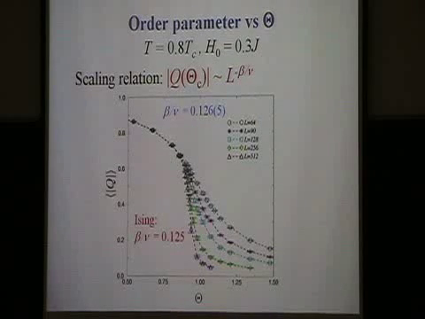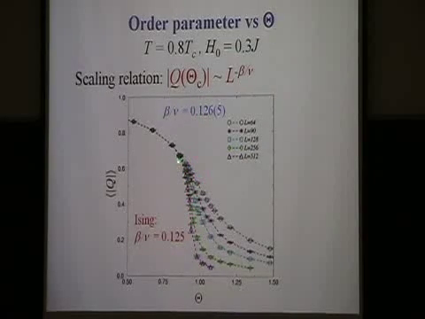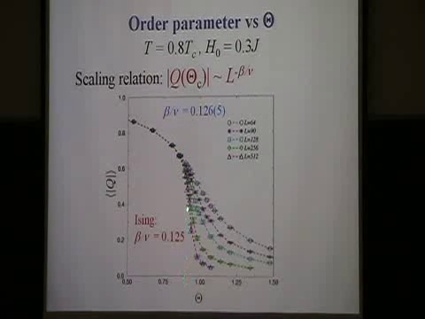Okay, another way of looking at finite size scaling is to look at the order parameter. If I go to the critical point and look here, you'll see that as I make the system larger and larger, this will come in more and more steeply, and for an infinitely large system it would come in with a critical exponent of 1/8.